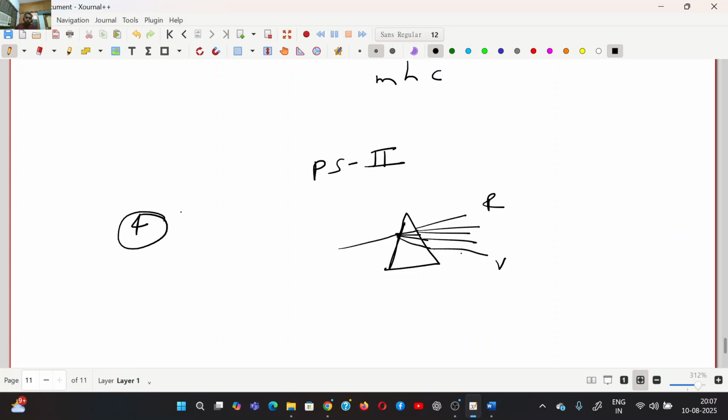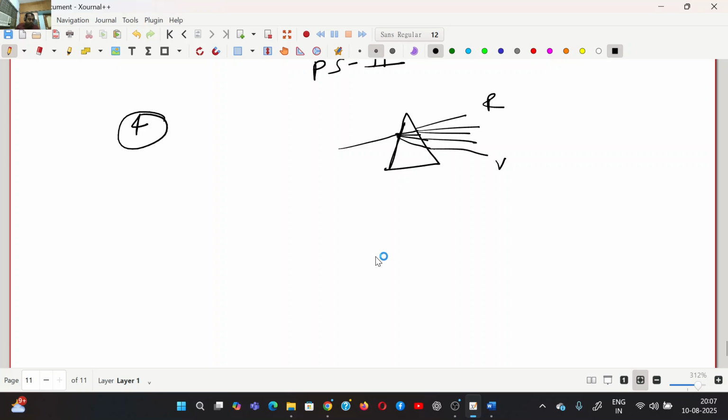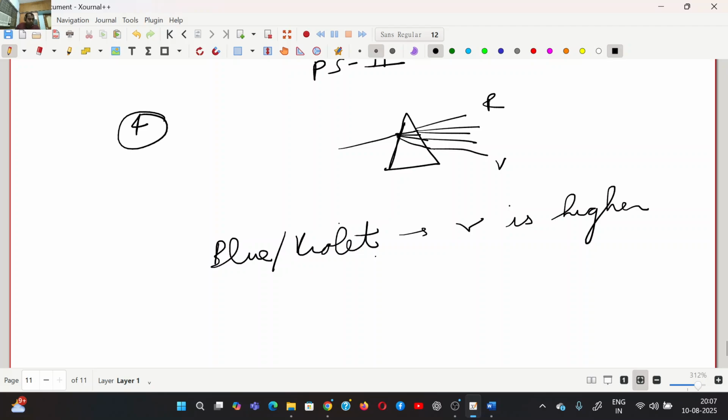So, blue bent more compared to red. So, blue has got higher frequency. Blue, violet have got higher frequency, and it bends more, which means slower speed.